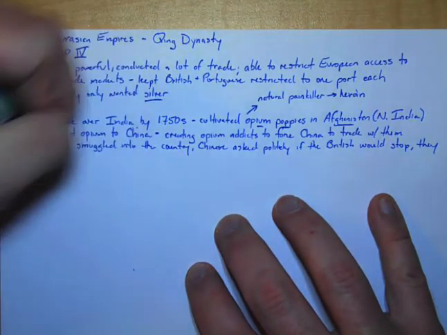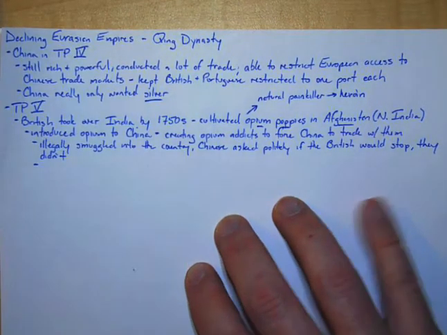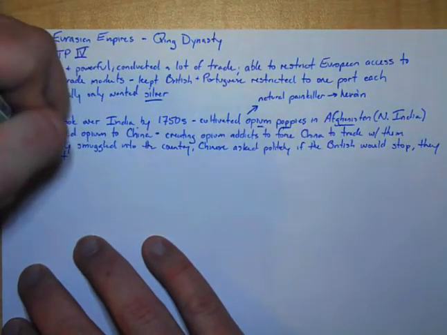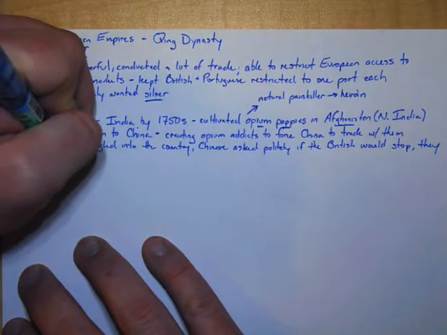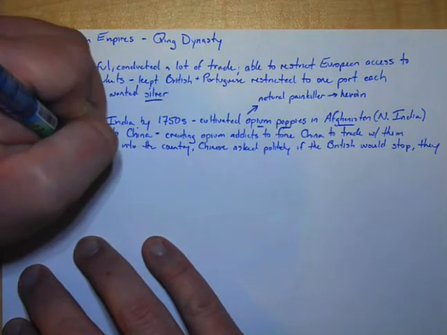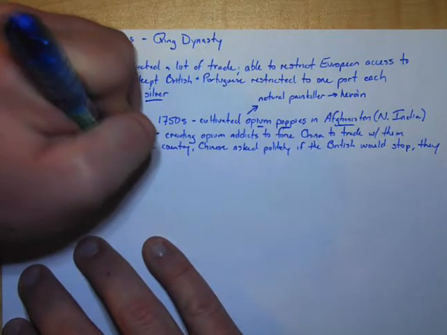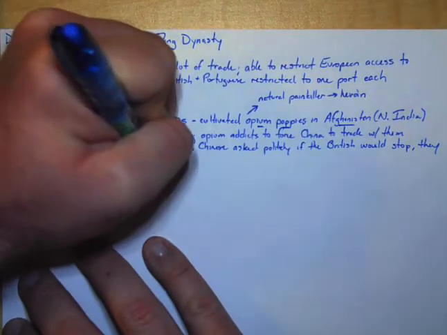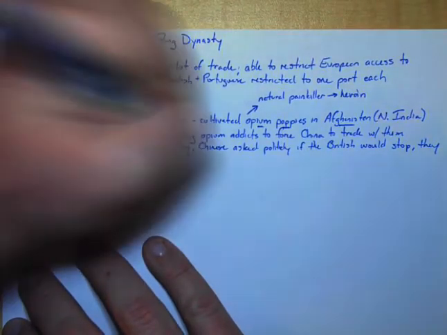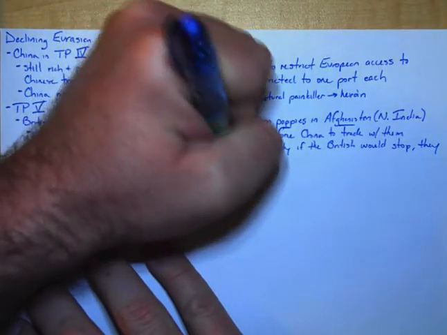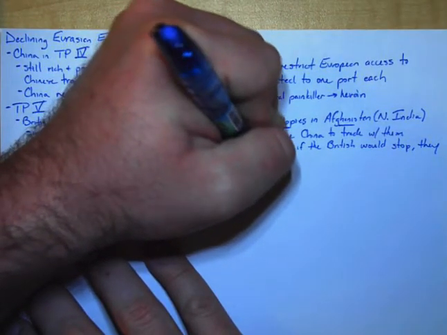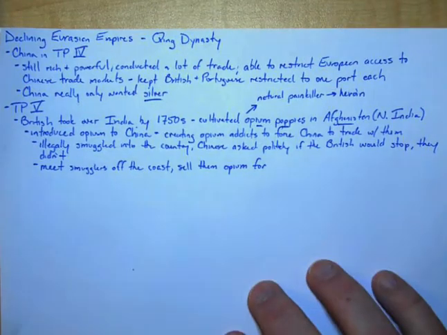So here's how they made this work for them. They would meet smugglers off the coast and sell them the opium for silver.